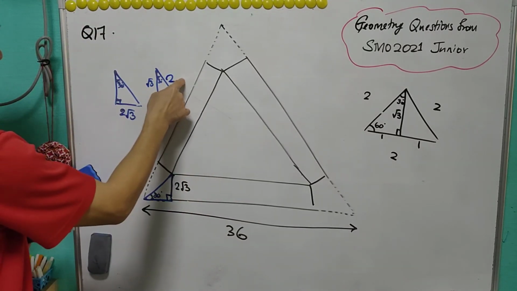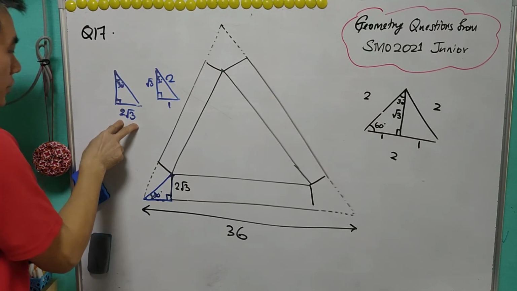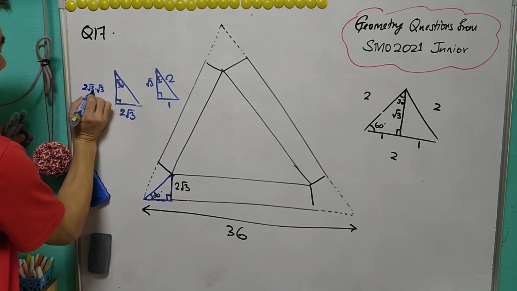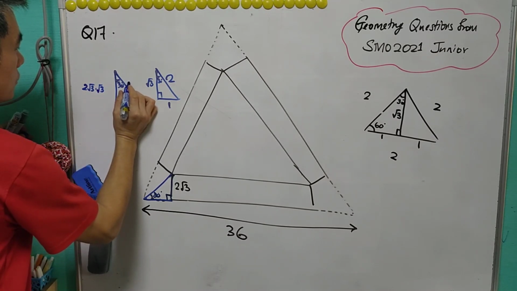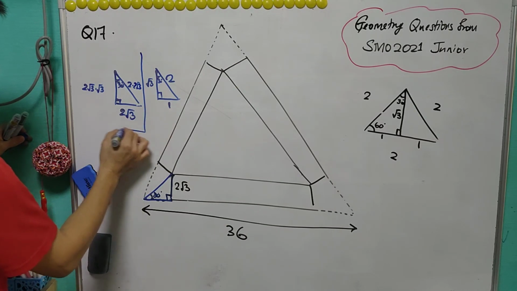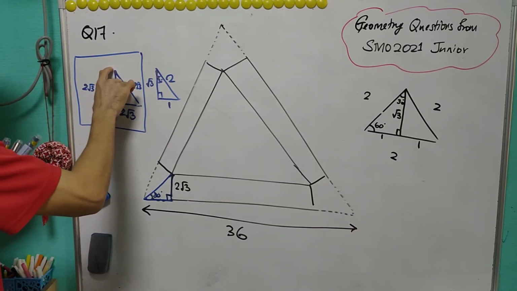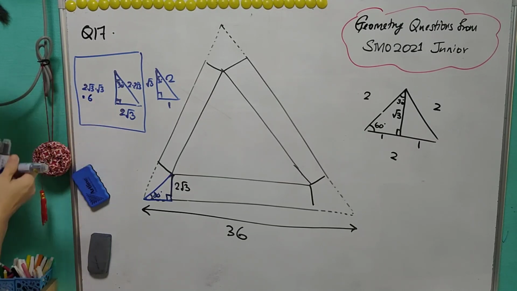Now, so this is 2 square root 3. It must be 2 square root 3 times 3 to 2 times 2 square root 3. Okay. So meaning that this length will equal 6.